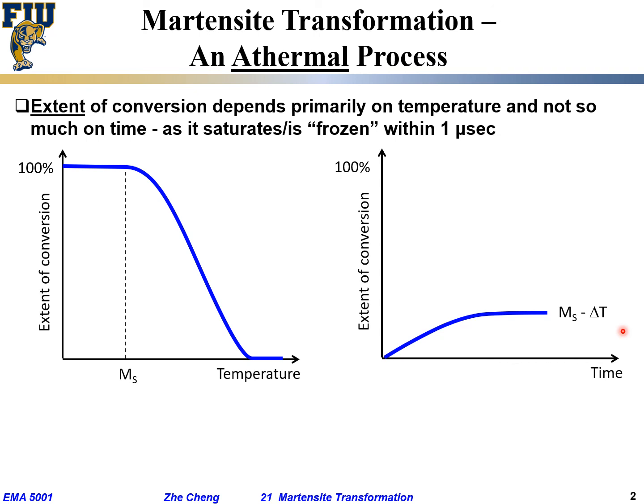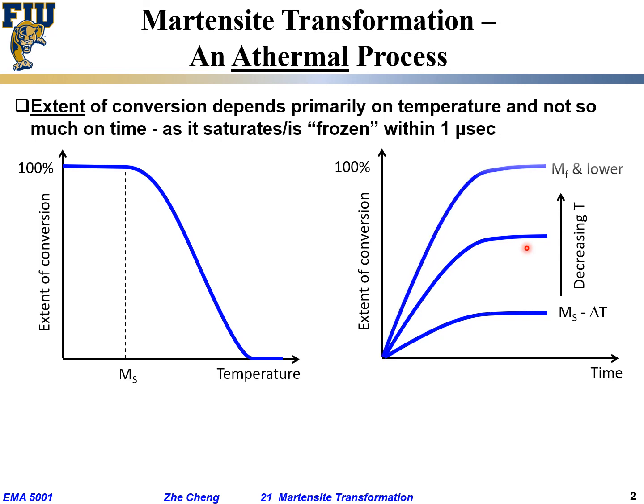As we decrease our temperature, the extent of transformation starts from 0 and gets to something intermediate, and if we keep reducing the temperature to MS, the Martensite transformation temperature, or even a little lower, we would reach complete 100% Martensite formation.